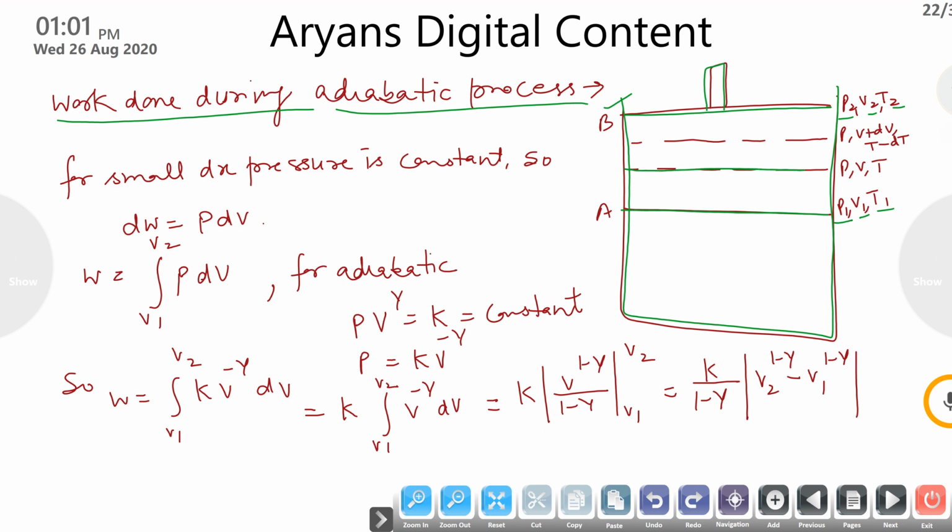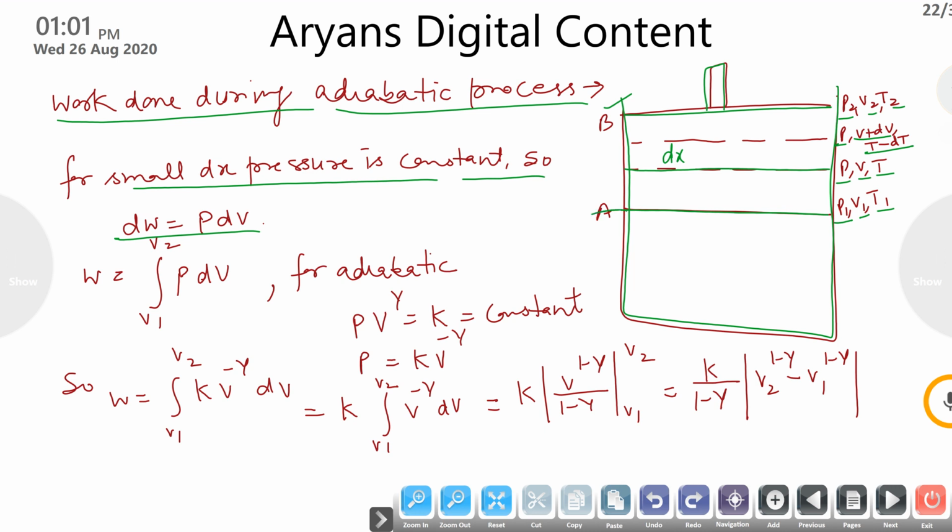Suppose at any state in between there is pressure P, volume V and temperature T, and we move a small distance dx. Then volume will increase, temperature will decrease and P will remain constant for a small change, and work done is given by P dV.